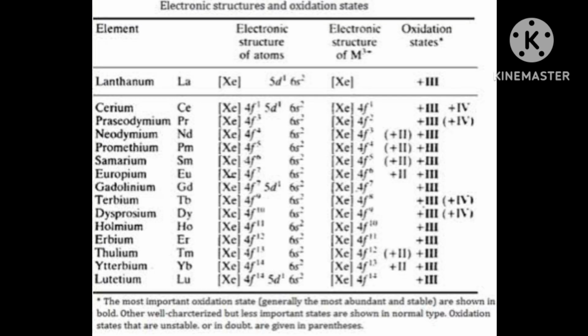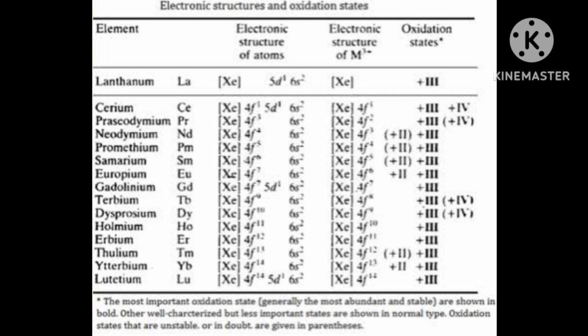Now same way cerium, Ce, its electronic configuration is 4f1 5d1 6s2. In 4f1, 1 electron is there. 5d1, 1 electron is there, and 6s2, 2 electrons.